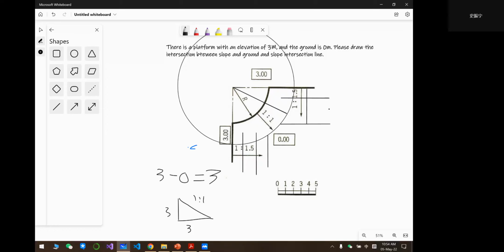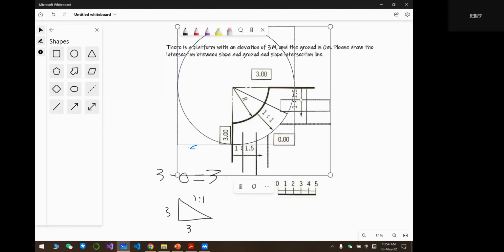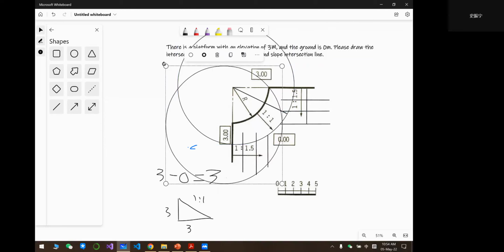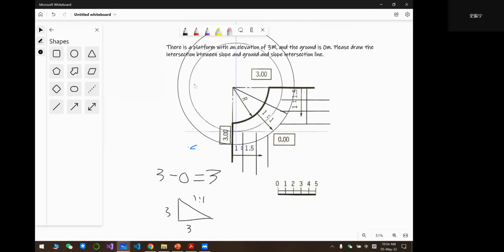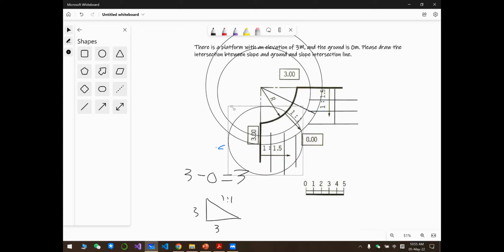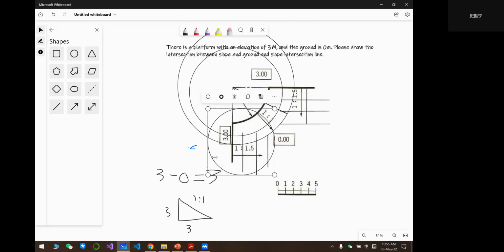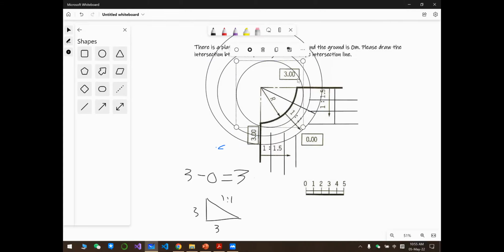And also we have to draw a circle with radius; the radii correspond to elevations 3 to 1. Okay, just like this. Oh, it's so small.